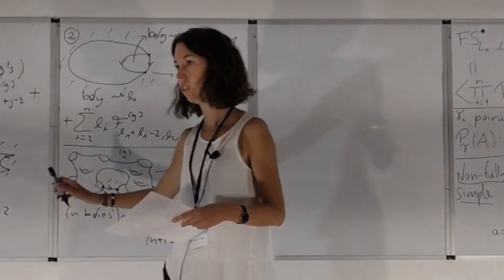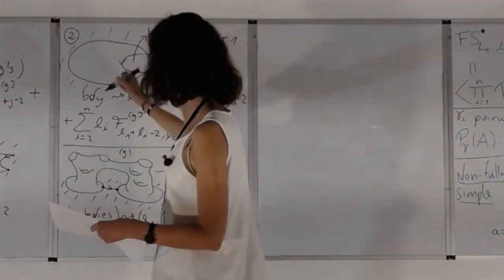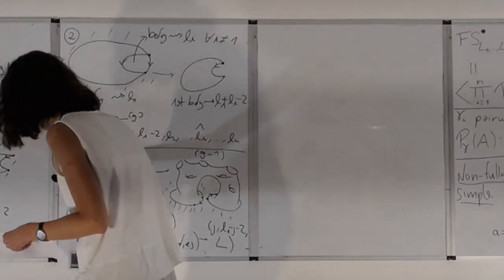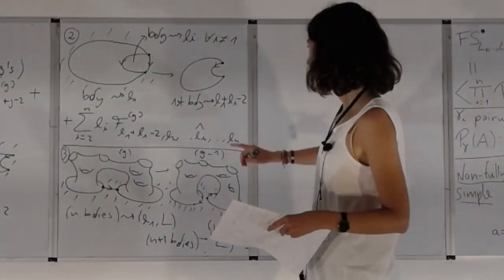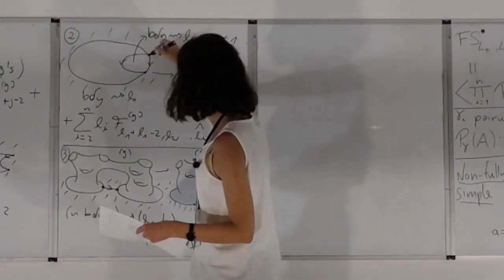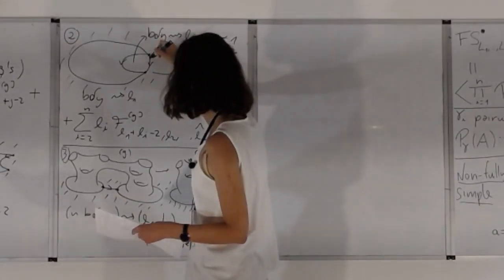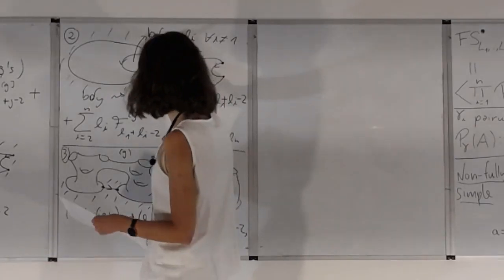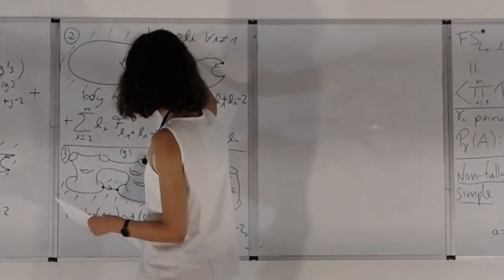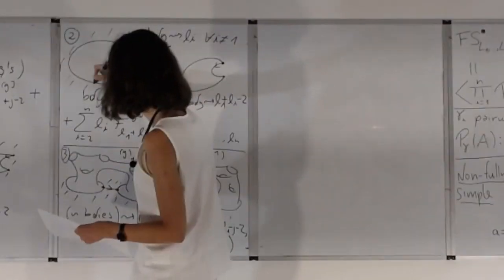In which one? In number 2? Oh, this is number 3. Yeah, this guy, you have to count it twice. So, if you sum all this length and all this length, and then you remove this, you are removing this twice.